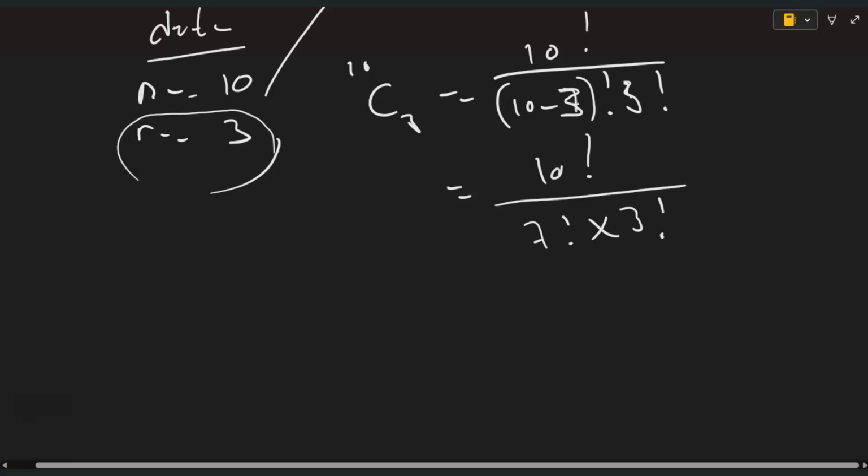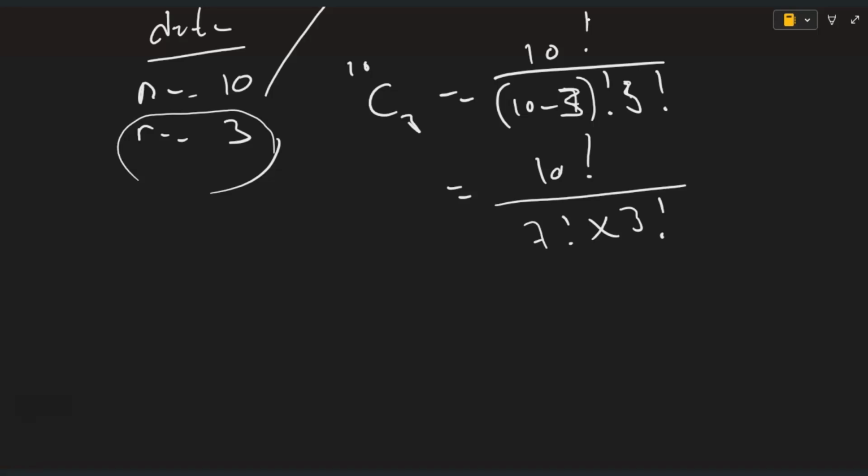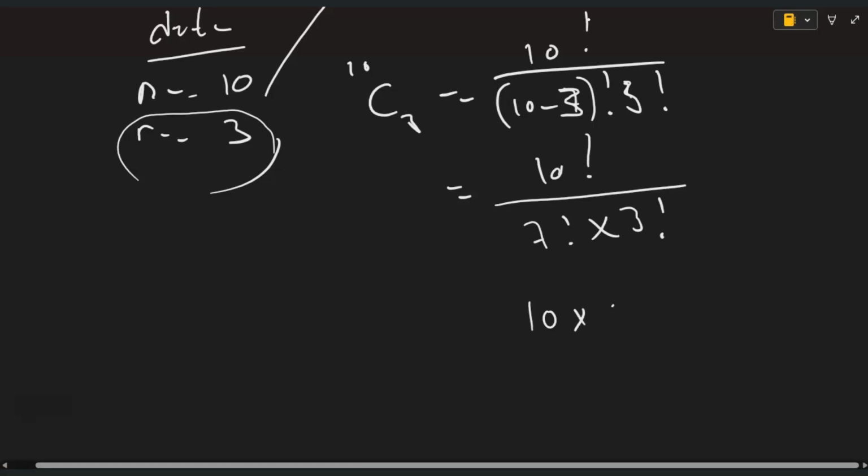Now we need to expand the factorials. 10 factorial means 10 multiplied by all the lower numbers: 9, 8, 7, 6, 5, 4, 3, 2, 1, and 7 factorial is the same going down. So we have 10 multiplied by 9 multiplied by 8 multiplied by 7 factorial.